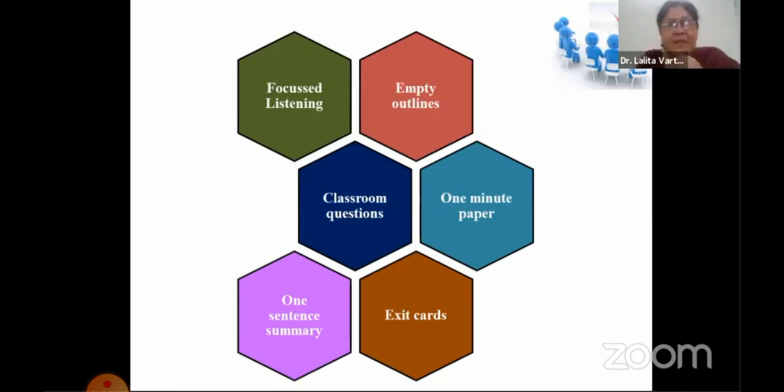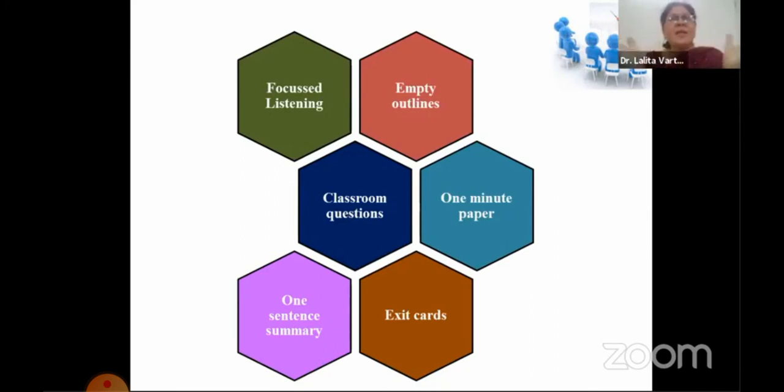Say for example, after the session, I could ask you that yes, we have discussed today about Bloom's taxonomy. That was our core concept. Now, write down all the words that come to your mind when you hear the word Bloom's taxonomy. So this is where you are being tested for your listening.